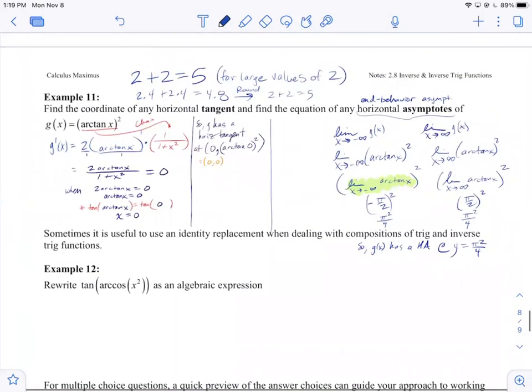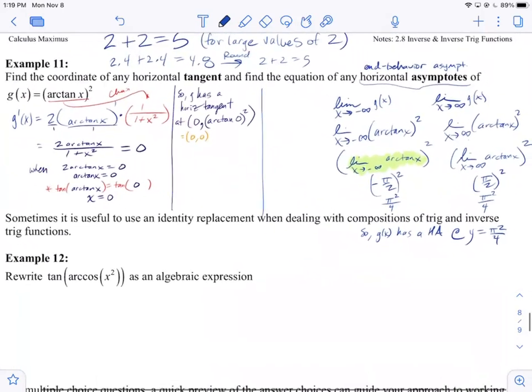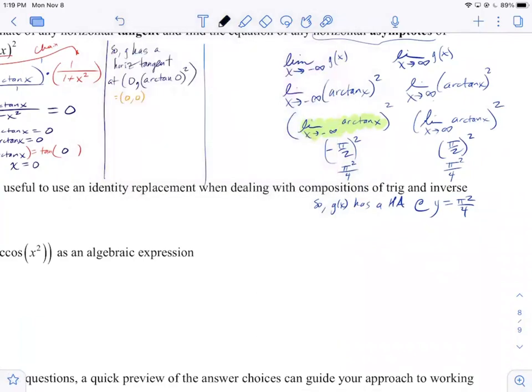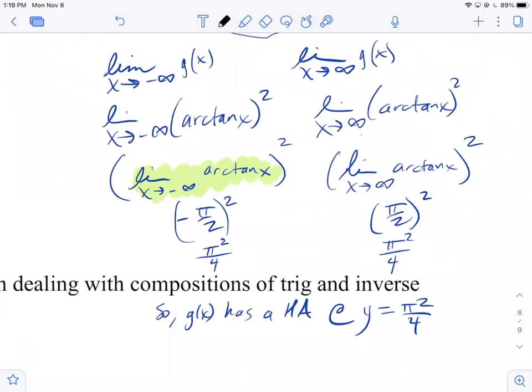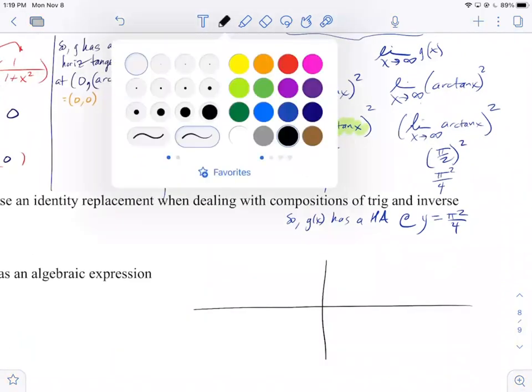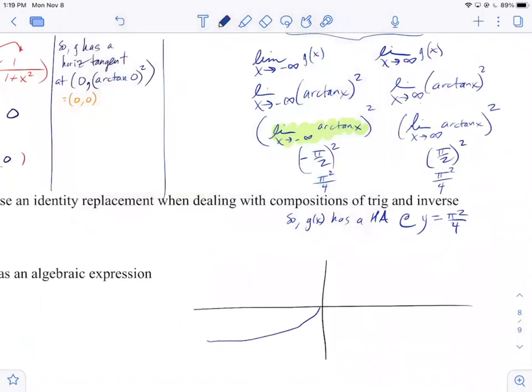Now, we could probably come up with a graph of arctangent of x squared if you think about it, right? I'll leave it there. If you sketch the graph of arctangent, let's kind of sketch arctangent in there. I'll draw them in blue. This is pi halves. This is negative pi halves, sorry.